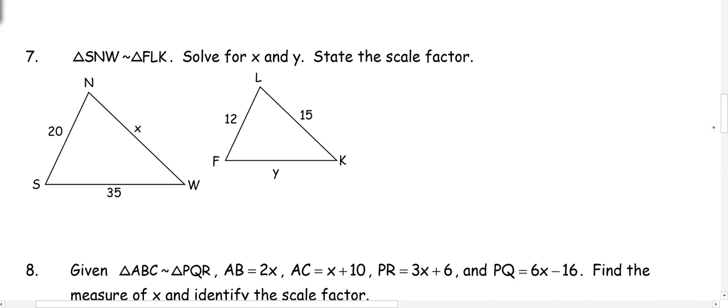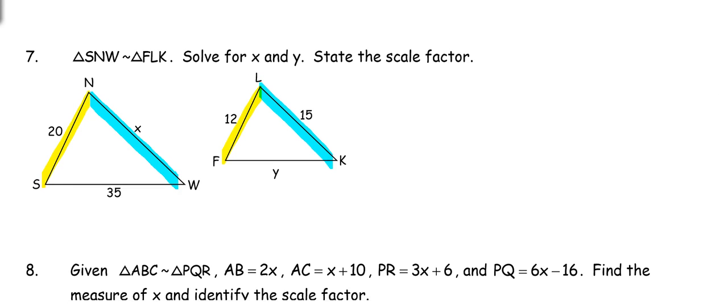So number 7, SNW is similar to triangle FLK. Solve for x and y and state the scale factor. So in this case, we know that SN is the first two letters and it matches up with side FL. We know that NW is the second and third letter, so it matches up with LK.